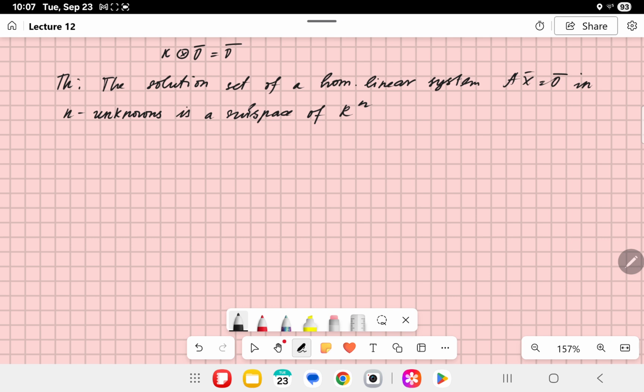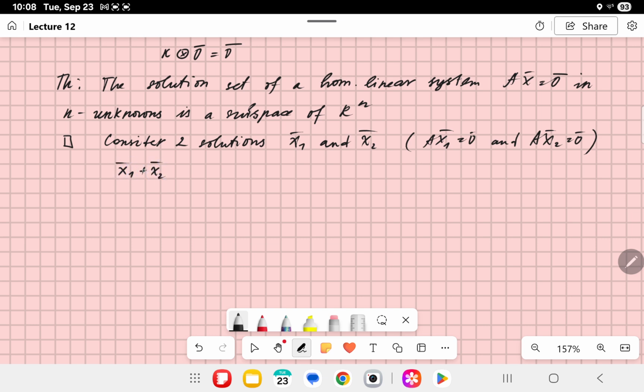How do we show that it's a subspace? Well, we just need to show that it's closed under addition and multiplication, right? So I'm going to do this. Consider two solutions, x1 and x2. If they are solutions, it means that Ax1 equals 0 and Ax2 equals 0. Well, just because they are solutions, they turn the equation into a true statement, right? How about x1 plus x2?